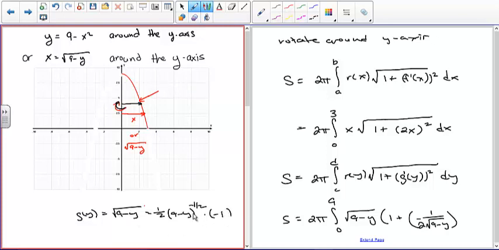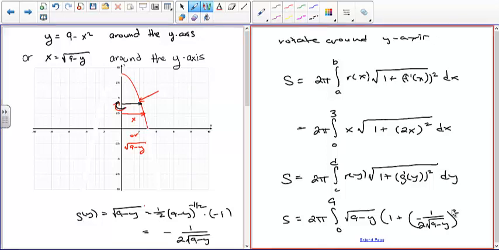If you rewrite that back here, you'll get negative 1 over 2 square root of 9 minus y. Okay, so that thing's squared, and this whole thing's square root, dy.